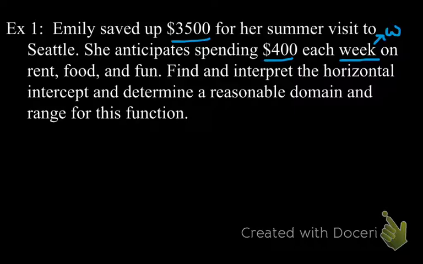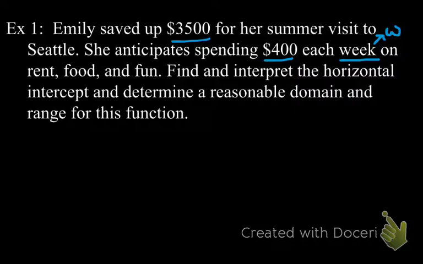One way we could go is to think about the cost and to say, well, the cost is going to be $400 times W, the number of weeks that she stays. But since they gave us that $3,500 at the beginning also, I don't think that's the direction this problem is going, so let's try something else.